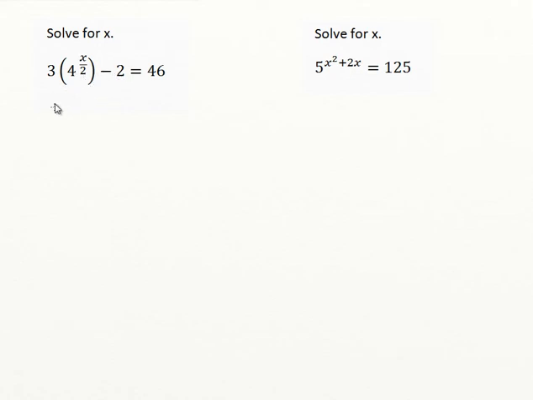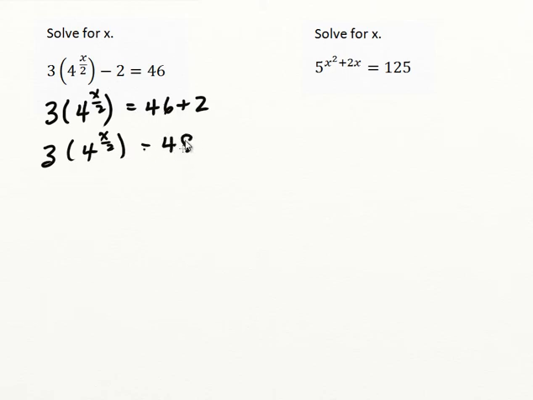So what we're going to do is try and get this base with this exponent all by itself by collecting all of the other terms on the other side. So 3 times 4 to the x over 2 equals 48, and then 4 to the x over 2 is equal to 48 divided by 3, which is 16.